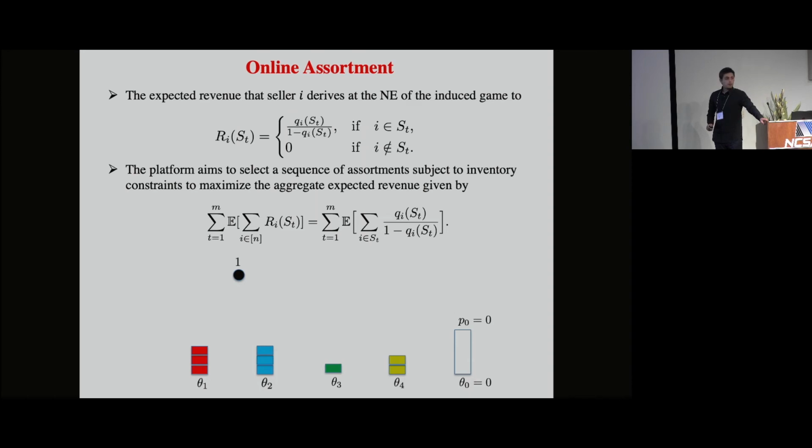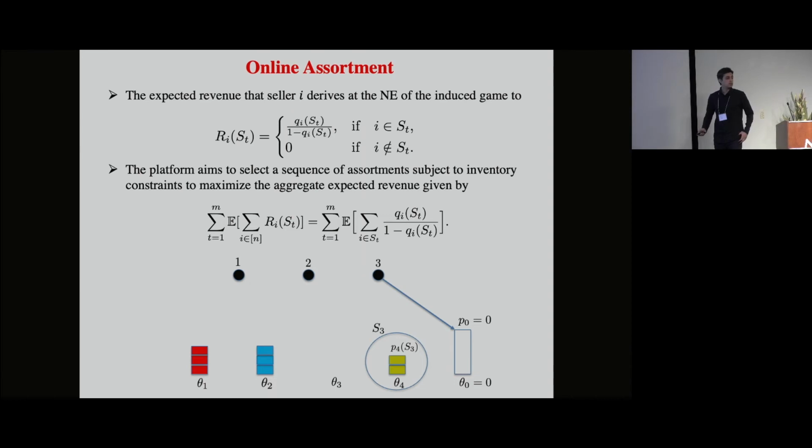Let's say it chooses the red item, and then the next buyer comes, we offer a new assortment, equilibrium prices are computed, and so on and so forth. So for example, in the last case, if we offer the assortment S_t which only includes the yellow item, then since there is no competition here, the yellow seller is probably going to set a higher price for its item, which disincentivizes the buyer from buying that item, and therefore the buyer prefers to leave the market rather than purchasing it.